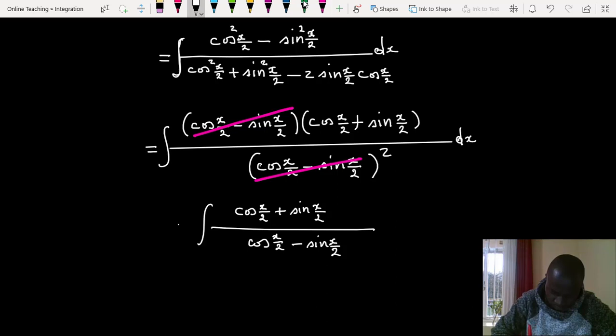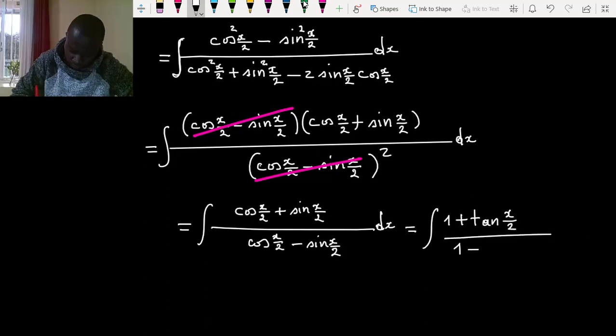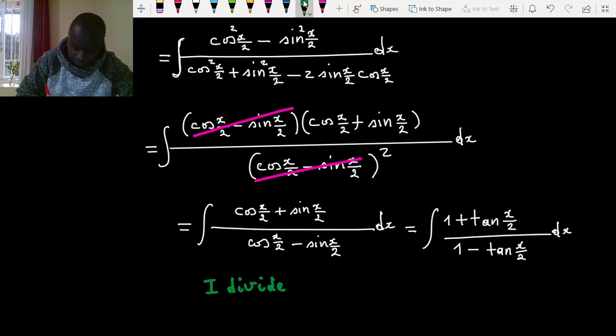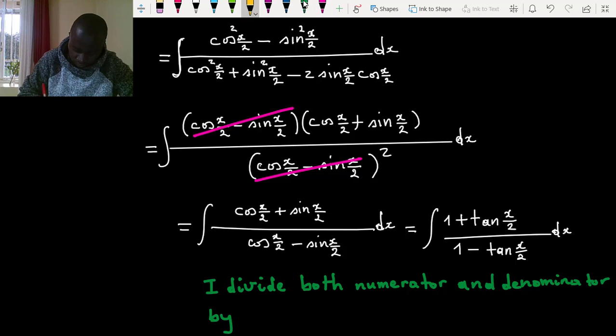Here we cancel like terms in numerator and denominator. Here we divide both numerator and denominator by cos half x to get tangent half x.